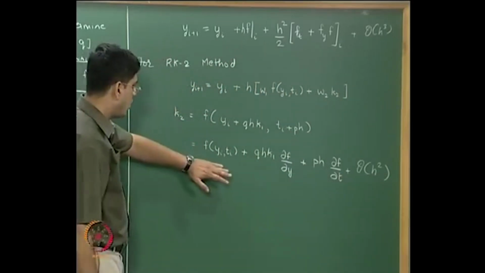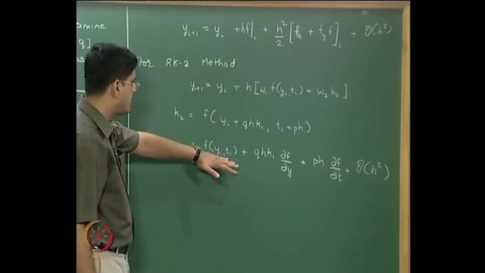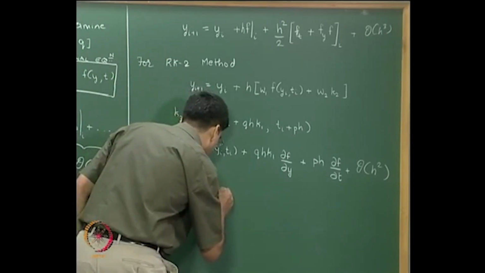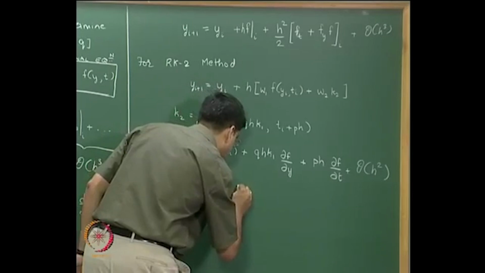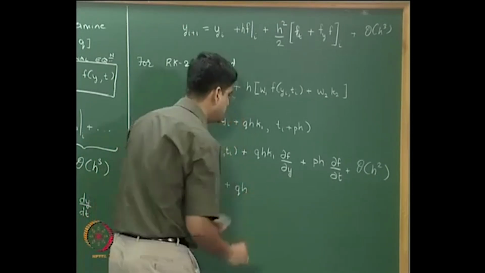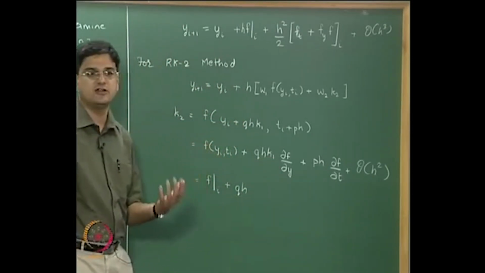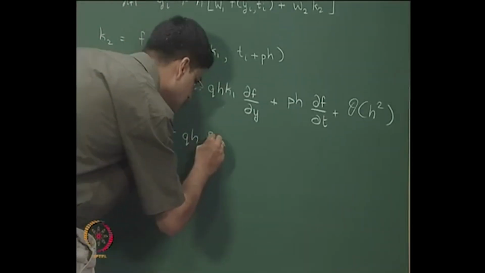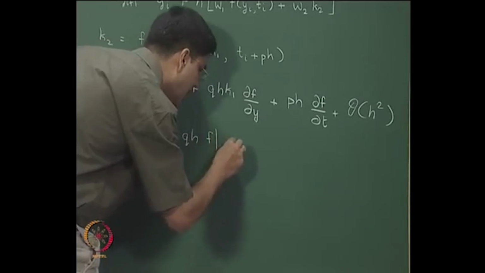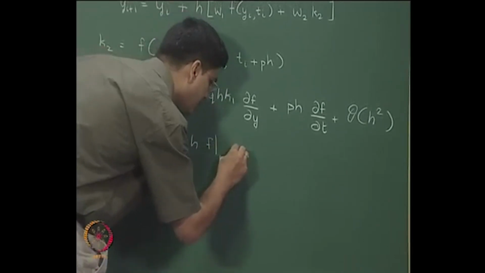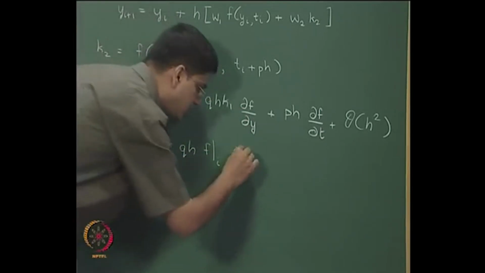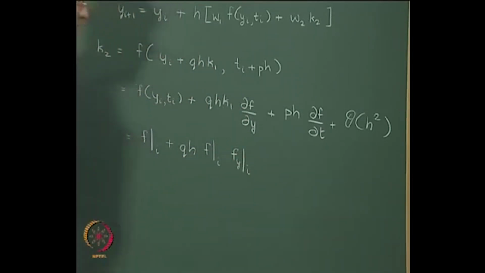Okay, so now what we can do, f of y_i comma t_i, we will just write this as f computed at i. Plus q multiplied by h multiplied by k1. Remember k1 was nothing but f of y_i comma t_i, so we will write this as f computed at i multiplied by f_y, that is partial f by partial y, computed again at y_i comma t_i.